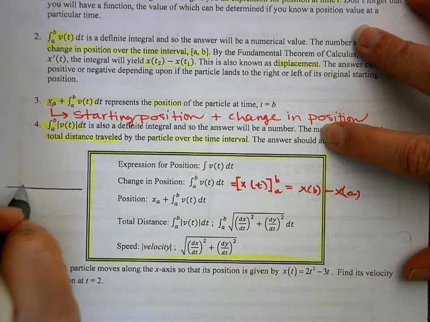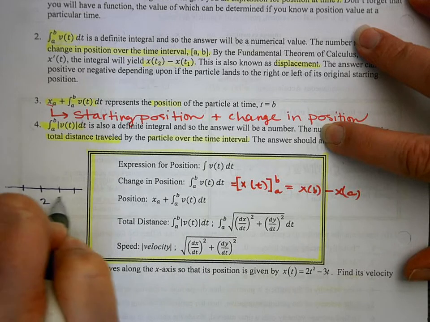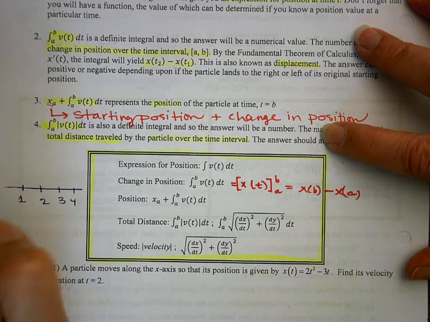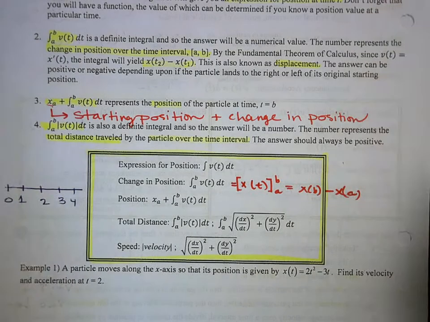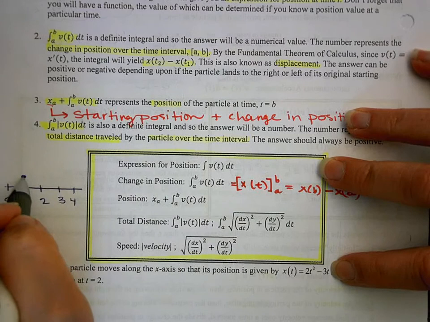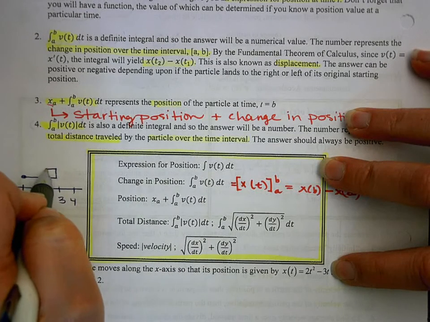Let's say I started at 1, and then each of these is 1 meter, 2 meter, 3 meter, 4 meter. So let's say that I started right here, so my starting position would be at 1, and I took 2 steps to the right, and then I turned around and took 1 step back.